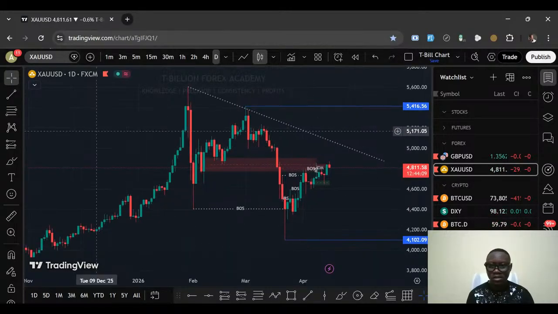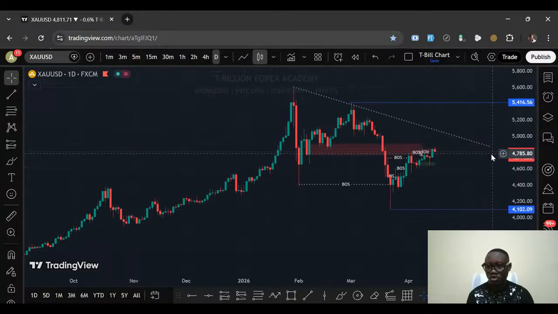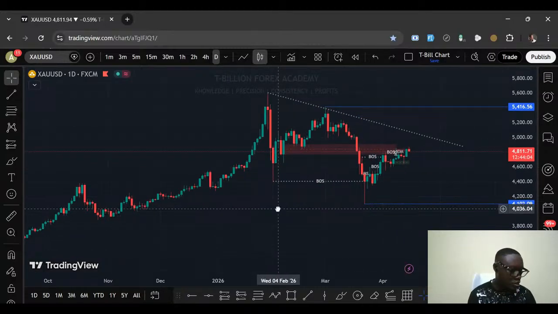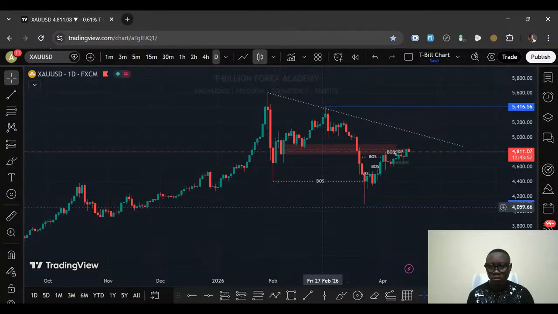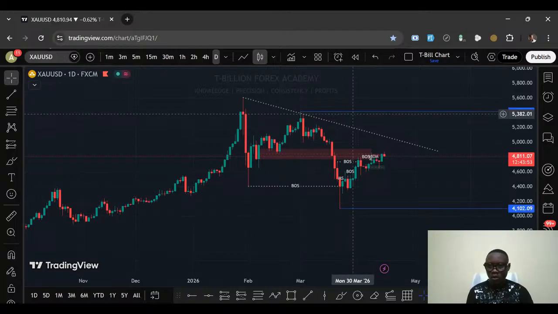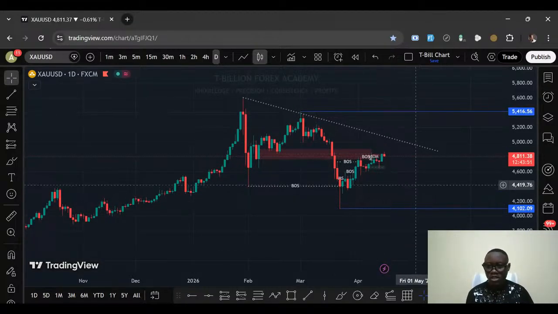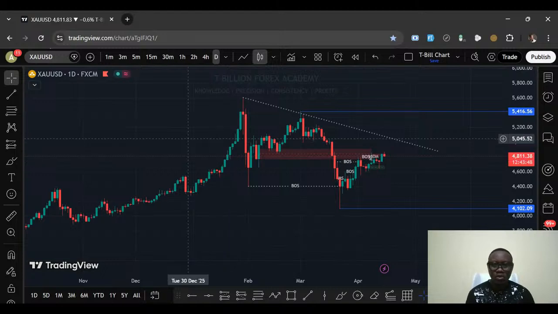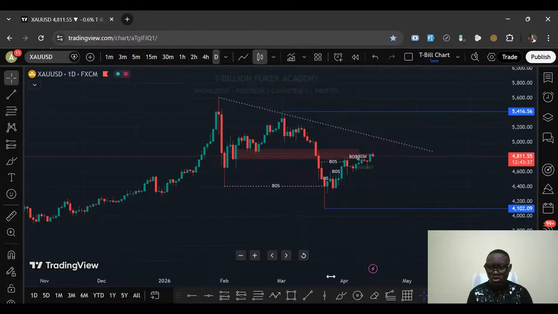In our last session on Monday, we were able to mark out our point of interest on the daily time frame, as well as our external liquidity, which is this, and we were also able to establish our directional bias to be bullish. So we're going to continue from there.